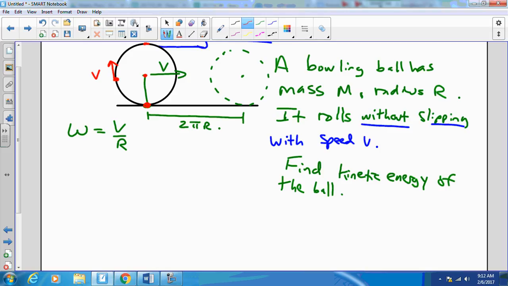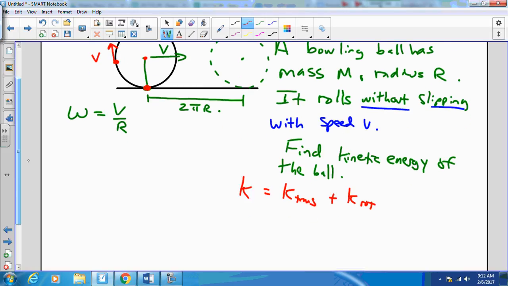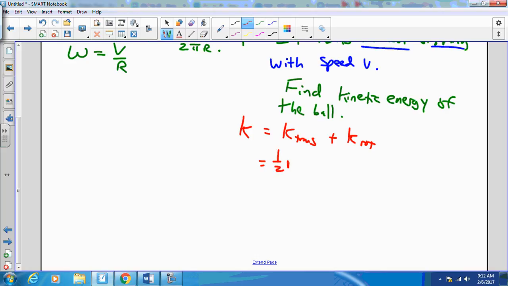Now, that means, since we're rolling without slipping, omega equals v over r, then I can say that the total kinetic energy is equal to K trans plus K rot, or 1/2 mv squared plus 1/2 I omega squared.